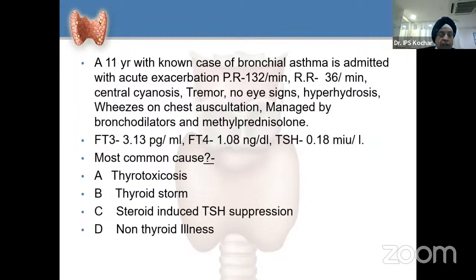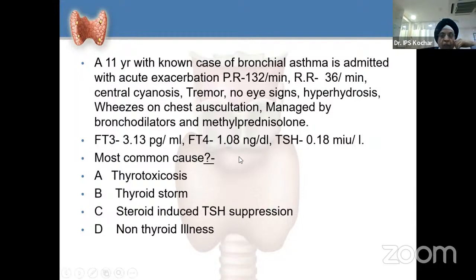FT3 was 3.13, FT4 was 1, TSH was 0.2. So he thought this was thyrotoxicosis because TSH was very low. But the most common cause here is steroid. Steroid causes TSH suppression. This child was given methylprednisolone, and because of that, TSH got suppressed.